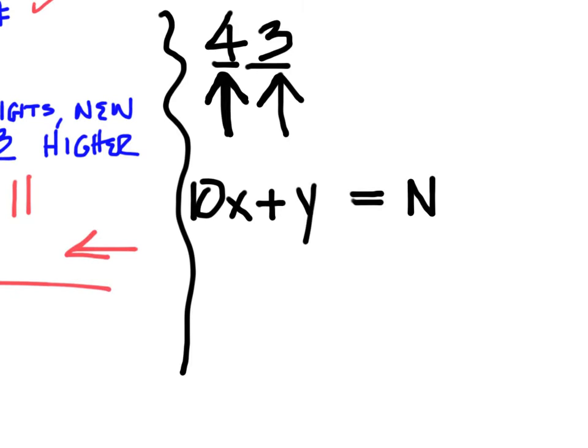What if I reversed the two digits? Instead of having 10x plus y, if I reverse the digits and put the y here and the x there, my new equation would look like 10y plus x.